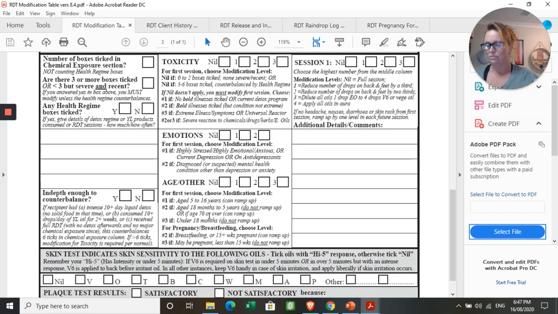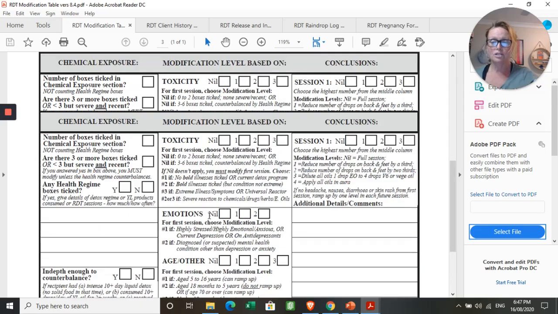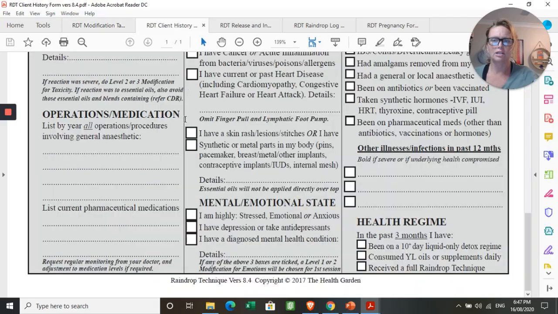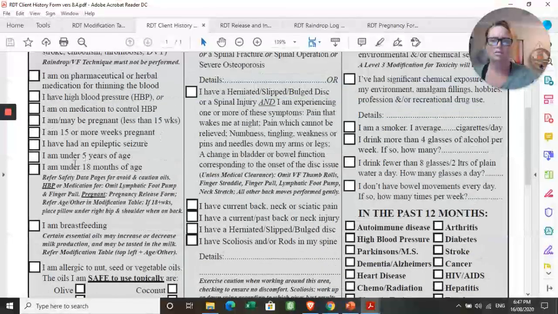Making sure that you are noting if someone has high blood pressure. You know, there are contraindications, coming back over to the client history form for a second. Remembering that if someone says they've got high blood pressure, HBP, we have contraindications here in the bold italics. We've got contraindications here around spinal.